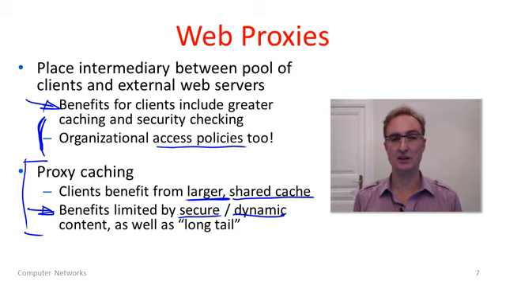If you want to look at them again, you have to recreate them. And caching is also limited by what we call the long tail, in that while there's some popular content that can be cached well, there's a very large number of unpopular pages, and these comprise a significant fraction of usage that caches can't do much about.